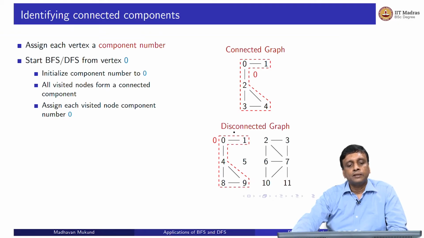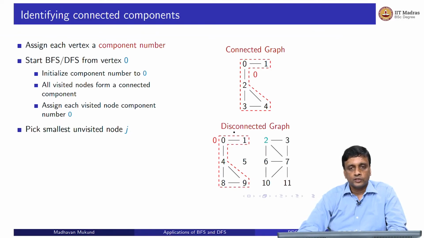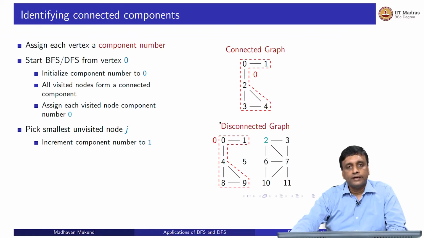Now, I look for something which has not been visited. So, I pick the smallest unvisited node. So, in the first graph there is no such node, in the second graph I pick 2 for instance, right. And then starting with the smallest unvisited node, I run again DFS or BFS and it will now explore all of its reachable vertices, but I have to now record that this belongs to a different component.